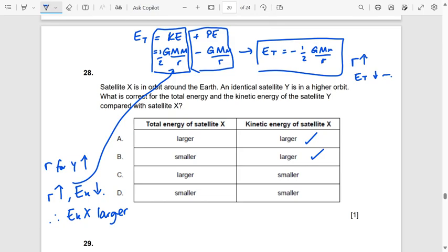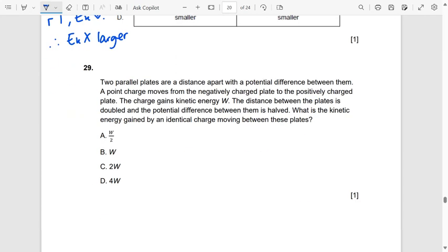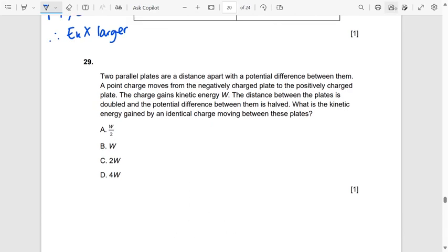So it's actually larger. So for X, it's smaller. Okay? So in other words, the total energy for X is greater in negative, therefore it's smaller. All right? Tricky one. I don't think I've ever met a person that actually is confident with the negatives and the positives in these potential energy questions.